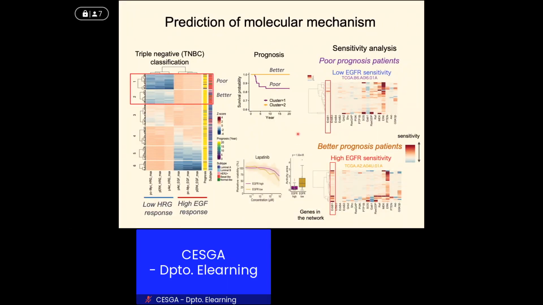So we hoped it would be opposite, so that we could show that the poor prognosis group can be treated with the EGFR inhibitors, but it wasn't like that. But at least from this analysis, we could see a kind of mechanism why, in TNBC patients, there are two kinds, poor and better, and what's the reason for this prognosis.